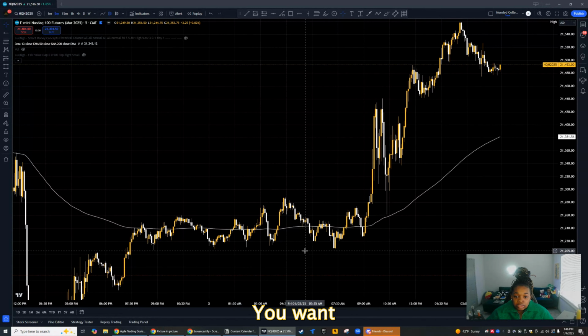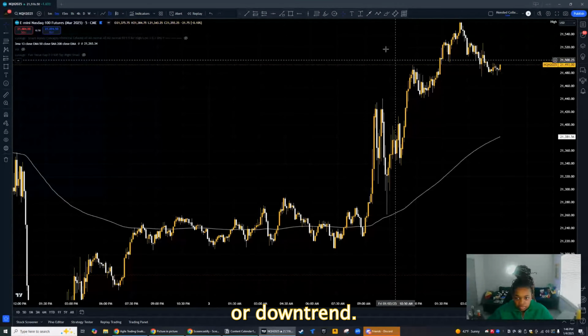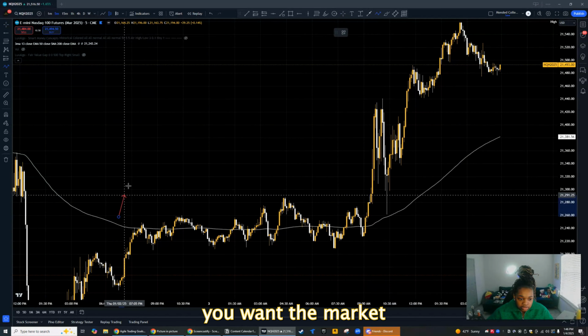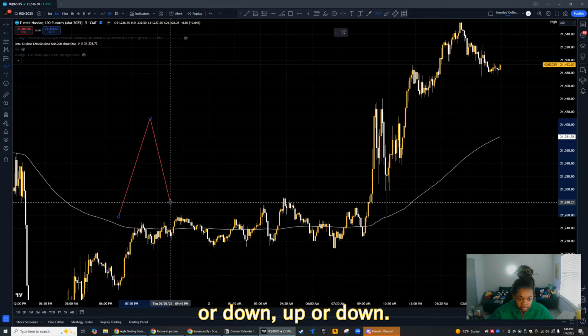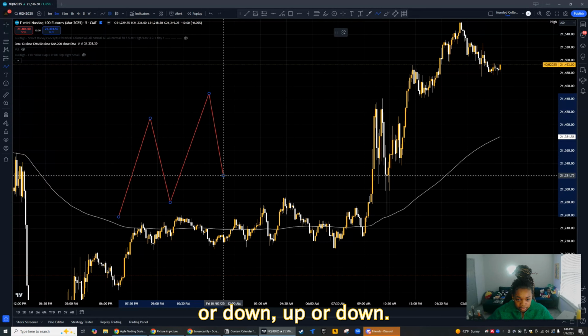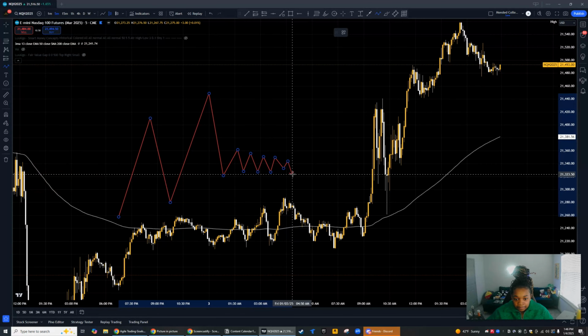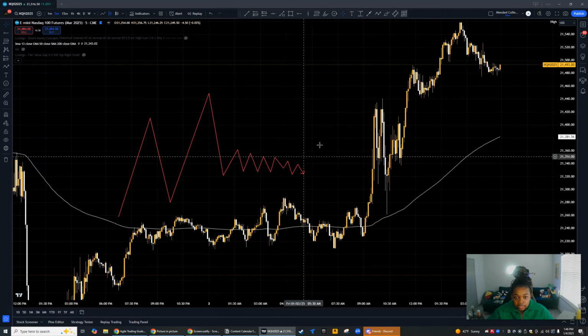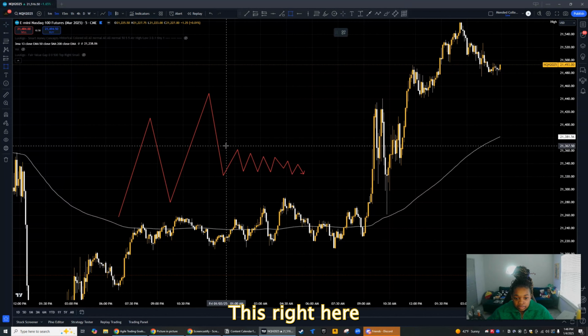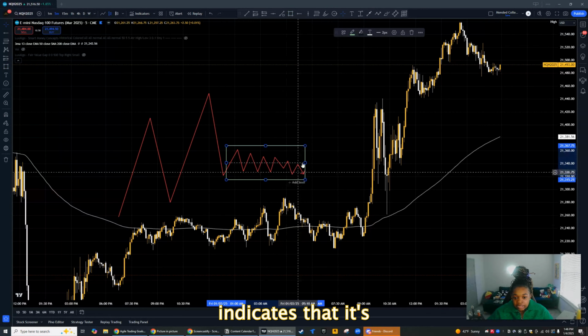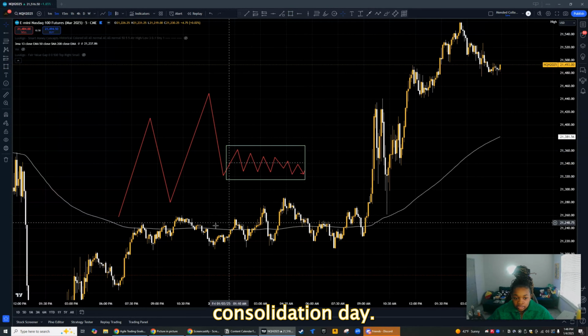Throughout the market, you want the candlesticks to move in an uptrend or a downtrend. For instance, you want the market to either move up or down, up or down. You do not want the market to go side by side like this. This right here indicates that it's a ranging or consolidation day.